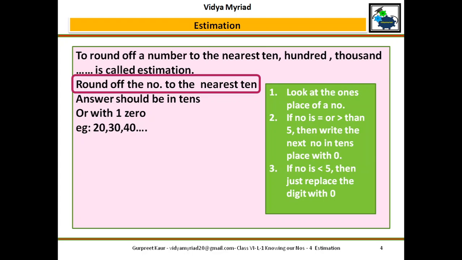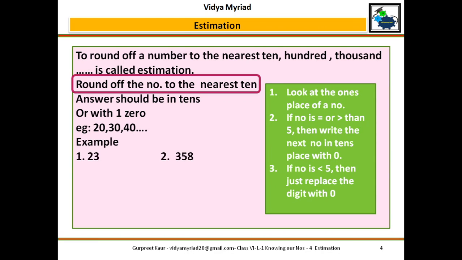Basically your answer should come in the form of a 10. It will move to the next number. If suppose 30 is there, it will move to the next tens, that is 40, 40 goes to 50, like that. This you will understand with the help of an example.